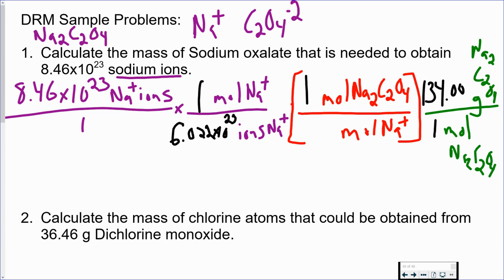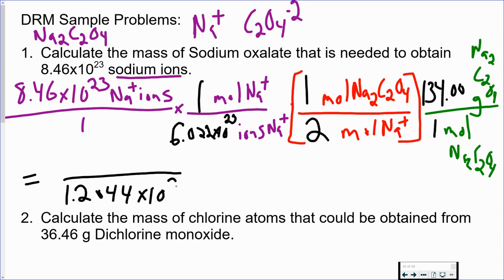So the subscript on Na is 2, so it gets a 2. All right, we're going to do the same thing that we've done in the past. You're going to take the tops, multiply them together, multiply the bottoms together, and then do one division problem. So on the bottom, you're going to get 1.2044 times 10 to the 24th.